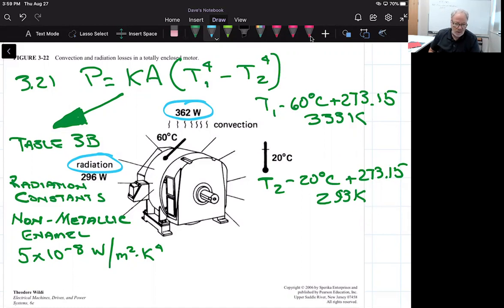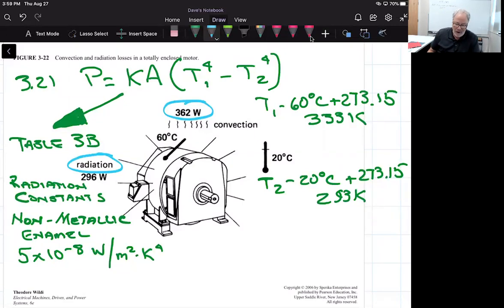Again, this is one of those wonderful things that as an engineer, technologist, and technician, we don't have to derive these, but they are given to us, and they relate to a type of surface that is commonly encountered in electrical equipment.